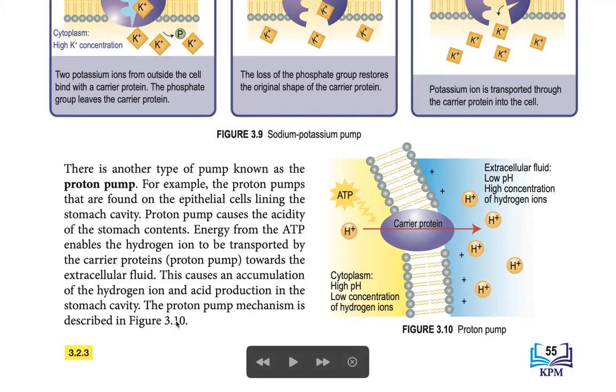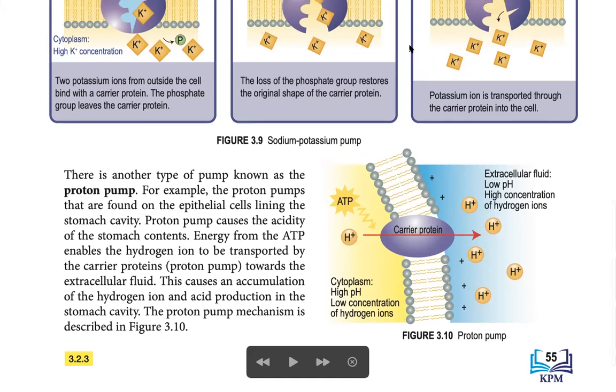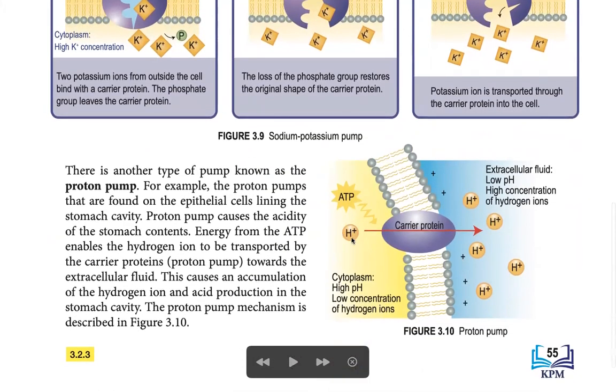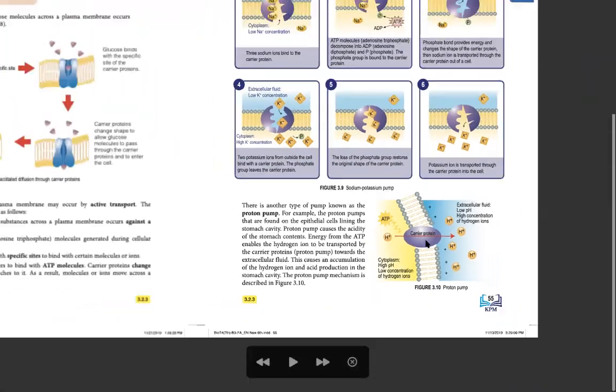And proton pump is described in the figure 3.10. So tengok kat sini. Tadi kita bincang pasal sodium dan juga potassium ion. Now we are talking about hydrogen ion. So hydrogen ion pun samalah, dia akan pergi daripada sini ke luar. So against concentration gradient. Tengok. Kat sini dah lah sikit dah, sini dah banyak tapi dia pergi juga.